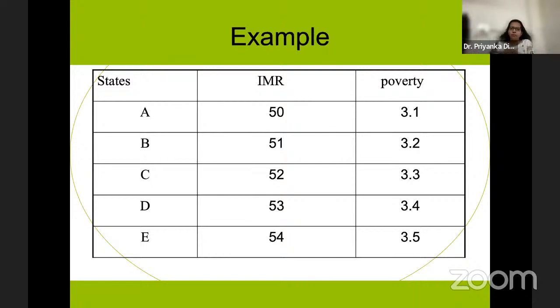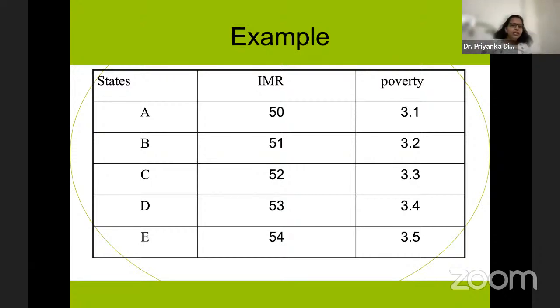Ma'am, mostly the queries have been answered by you already because you have been taking questions in between, so I don't see any question. Okay, Rajvinder Kaur madam has said that please explain once more when to use linear and logistic regression.